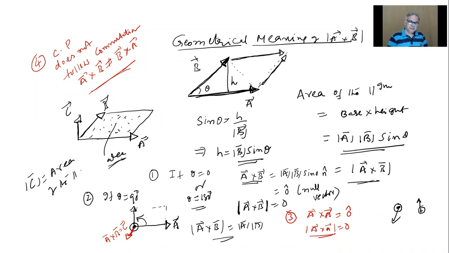Children, are you listening and writing? Yes, sir. And of course, as I've already shown, just for listing, you can write mod of A cross B will be, geometrically, the area of what? Parallelogram with A and B as its adjacent sides.